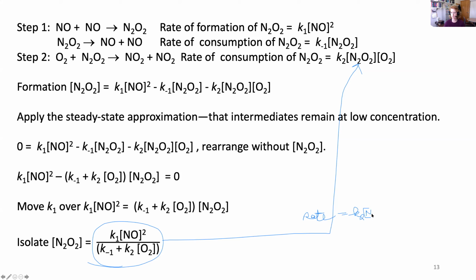The rate of our reaction is determined by that slow step, and there was a 2 in front of it, right? So the rate of NO2 formation is 2k2 times N2O2 times O2. So I'm going to sub it in for the N2O2.